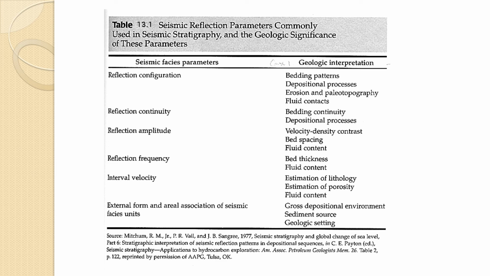In this table, we will see seismic reflection parameters commonly used in seismic stratigraphy. And on the left side, seismic facies parameters, you see reflection configuration, reflection continuity, reflection amplitude, reflection frequency, velocity, and external form. And in front of each one of those, you will see the geologic interpretation as we have discussed or explained before.